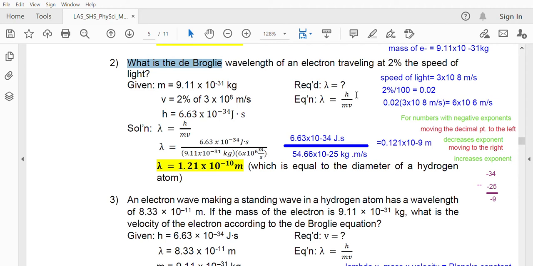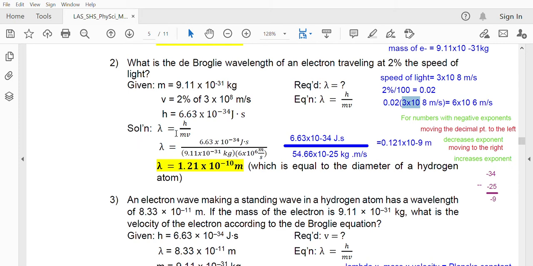Solving for the velocity, we need to convert 2% to decimals. So 2% divided by 100 is equal to 0.02. And then we will multiply that to the speed of light. The answer is 6 times 10 to the 6 meters per second. That is the value that we will use in the solution.